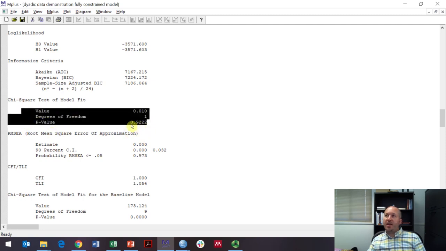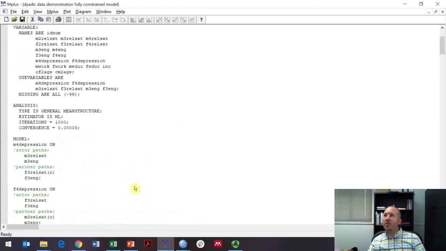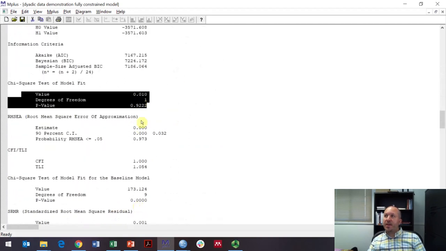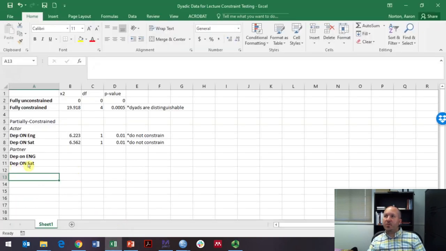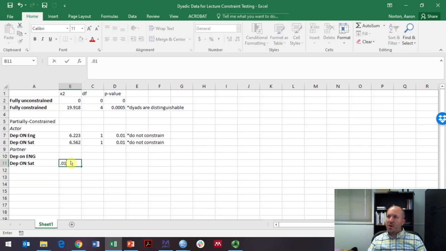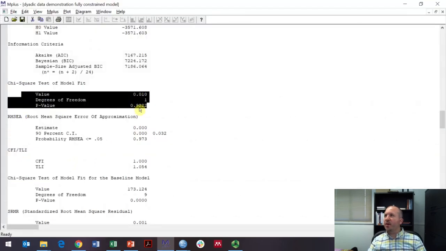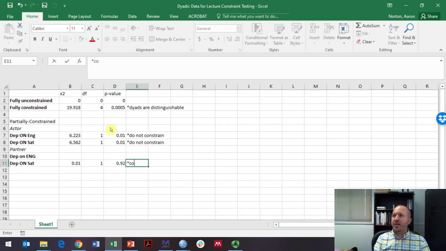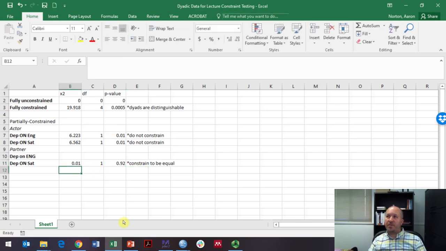So this is not significant. So this was, again, for, what do we do here? It was relationship satisfaction partner path is not the same. So relationship satisfaction partner path here, our chi-square was 0.01. And again, we have 1 degree of freedom, and it's 0.92 for a p-value. So this path here, I can constrain to be equal. I can so far do that on my final model.